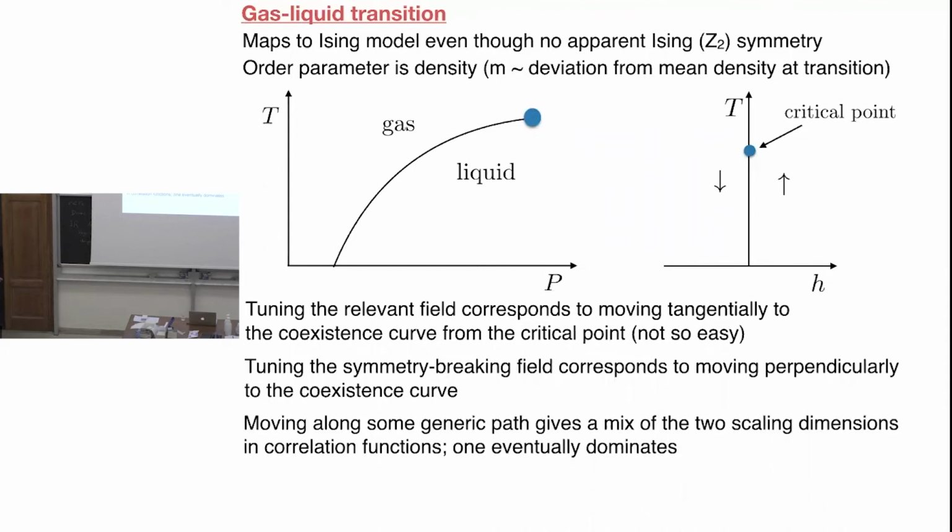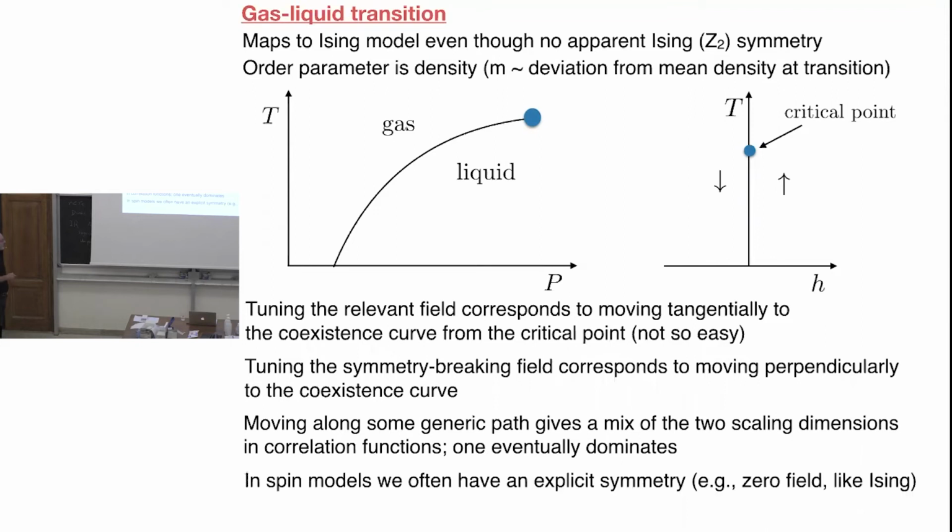If you just approach in some arbitrary way, you would get two exponents that contribute, but at some point one of them will dominate, right? You have two 1 over nu's, and one of them will normally be larger than the other. They will unlikely be exactly the same.